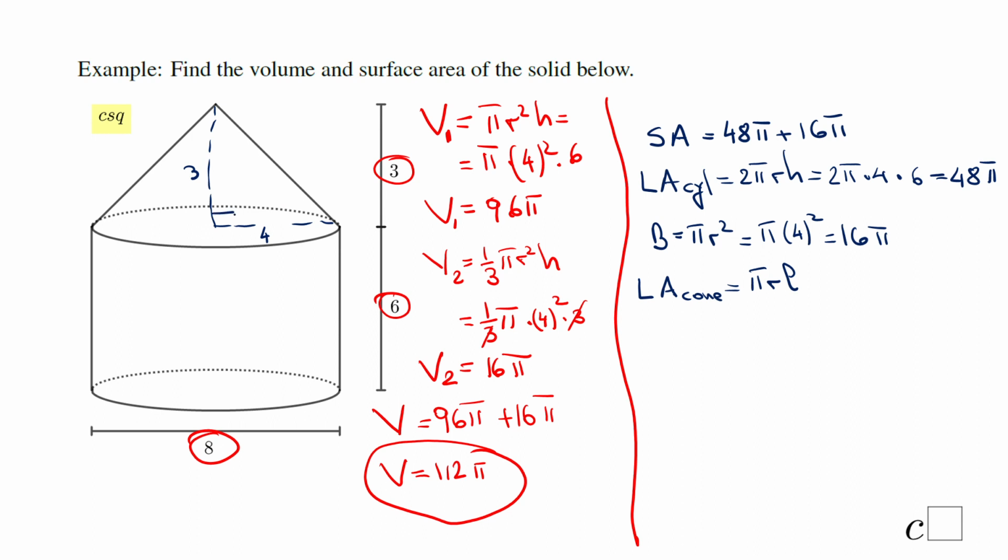So obviously, since this is a right triangle, this is gonna be 5. 3, 4, 5. It's something that you may wanna remember to move fast, the Pythagorean triple. So we have here pi times the radius, which is 4, and the slant height is 5. So that will be 20 pi.